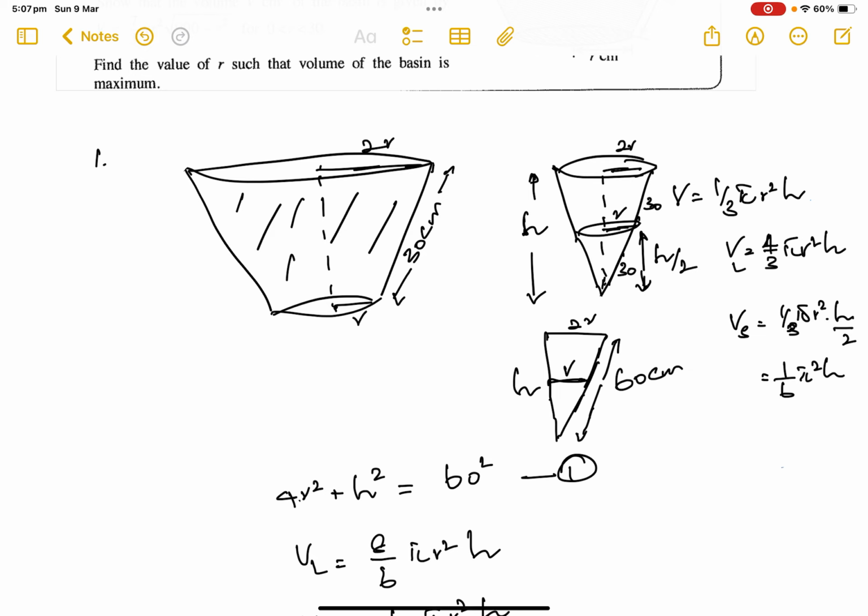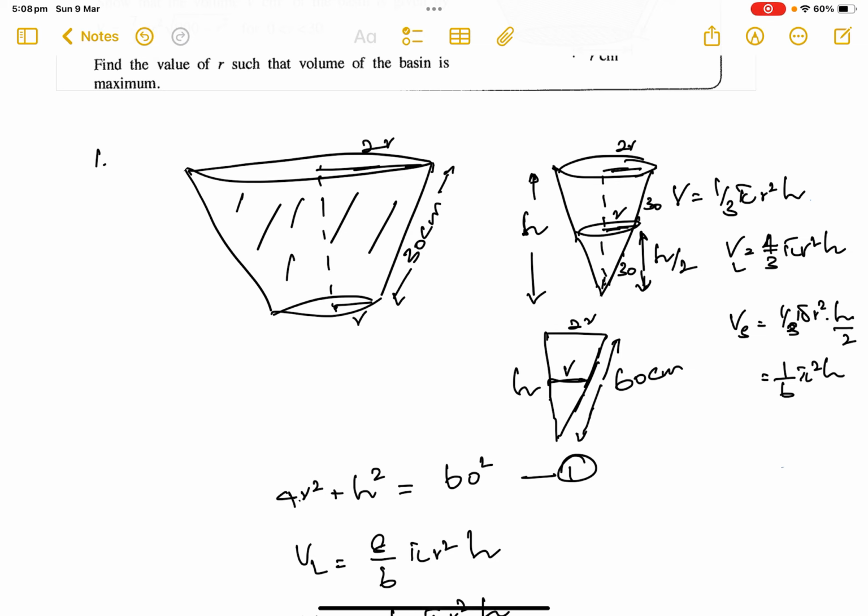So h is the whole height. The bottom cone and the top cone each have half the height. A standard equation for cone volume is V equals 1/3 pi r squared h. I call the complete cone the large cone, with radius 2r, so VL equals 4/3 pi r squared h.